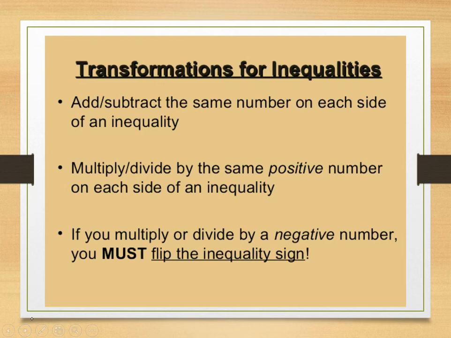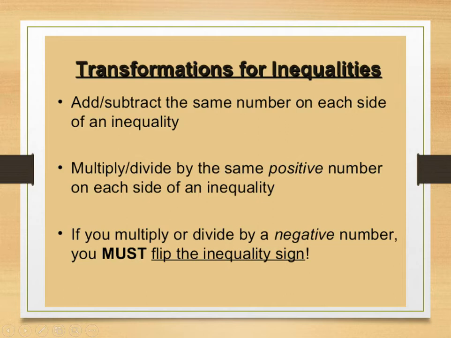Now the second most important thing is transformation of inequalities. Remember, we can add or subtract any number from both sides of an inequality, and similarly we can multiply or divide an inequality by a positive number.